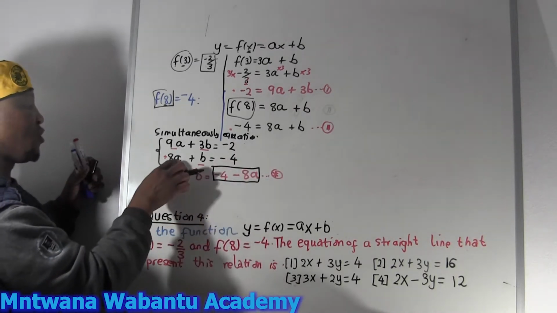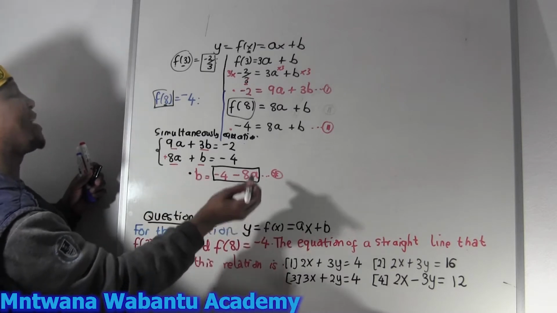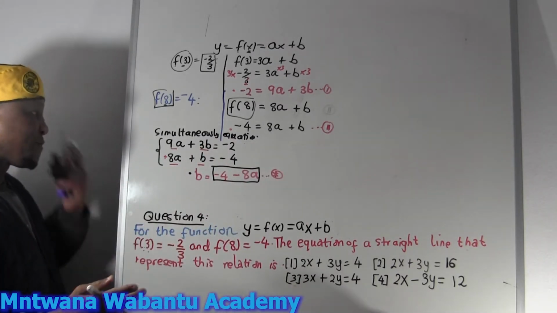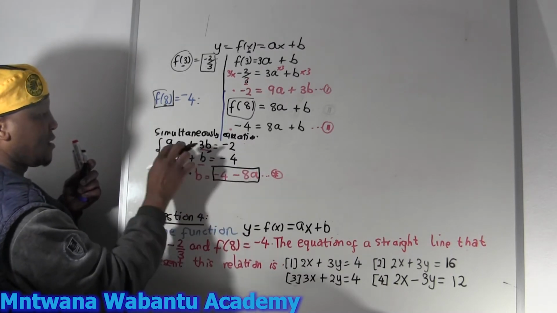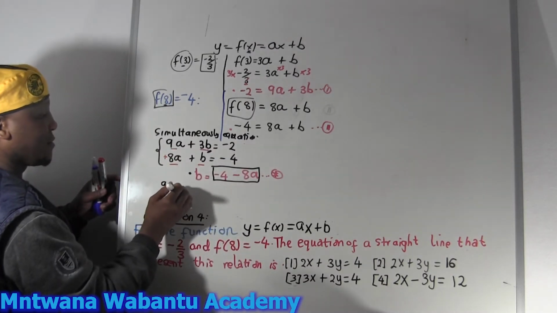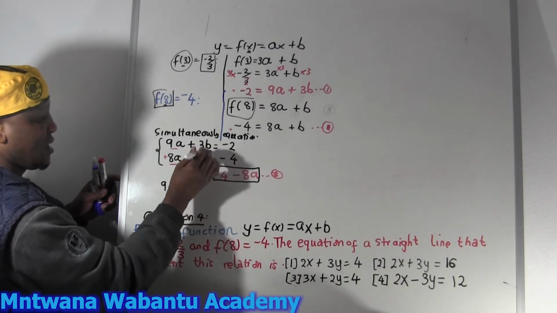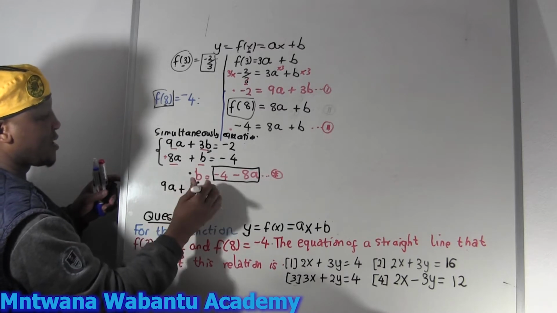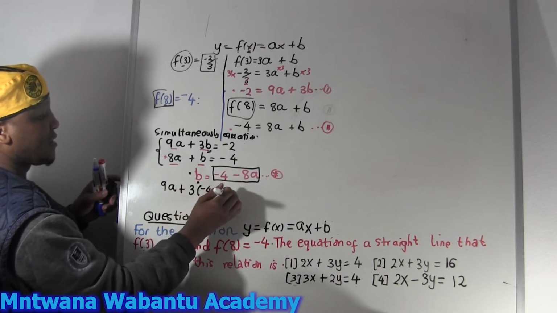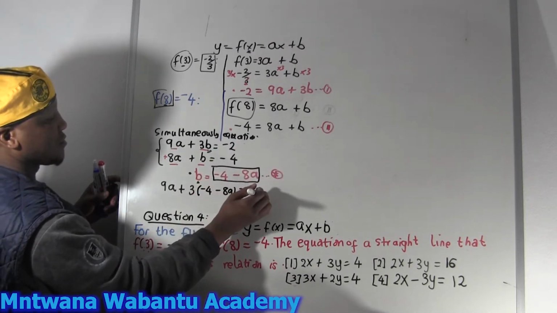Now take this and substitute in the other equation which we did not use. Instead of b, we're going to write this. So we have 9a plus 3, but at the b, we don't want to write b, we're going to write what you just got, because we know the value of b: negative 4 minus 8a, equal to negative 2.